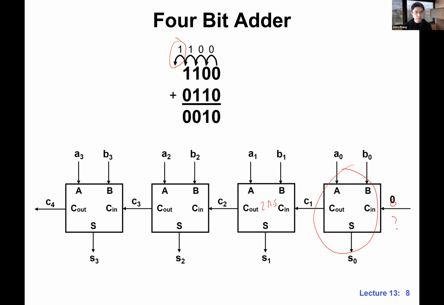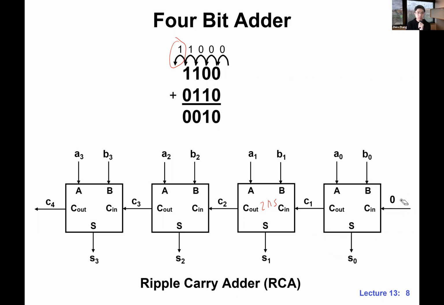For 4-bit, this is a carry. This is basically a ripple carry adder. Just 8, right? Okay, very good. Just 8. And we put a 0 here. If we are doing addition, we just put a 0 here. Like I mentioned, it's called a ripple carry adder. We just call it RCA, taking the acronym.